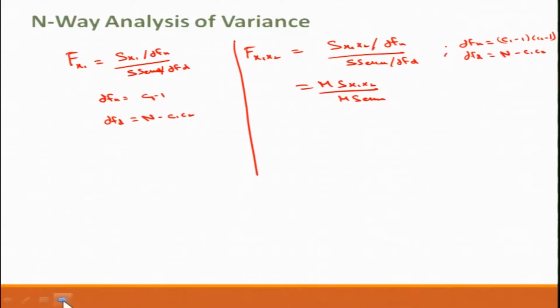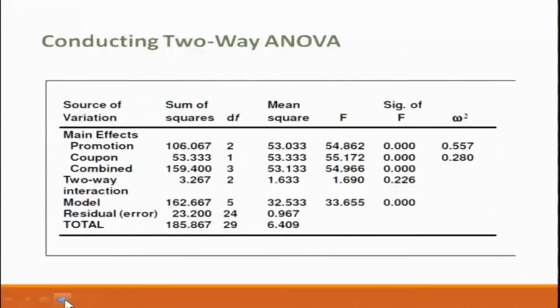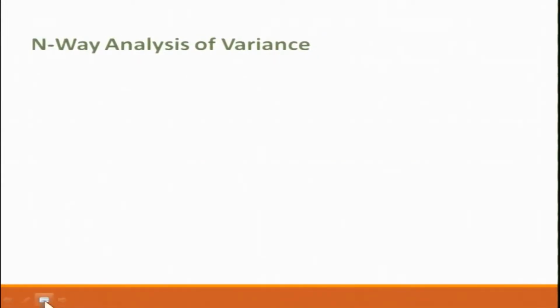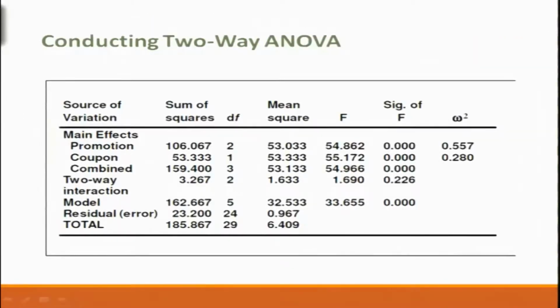So if I consider the two categories here, you can do all the calculations in this kind of table, in Excel or maybe manually, but I'll show you the table, which is an SPSS output here. So we have the promotion, the coupon and combined. This is category 1, this is category 2, and this is x1, x2 combined.